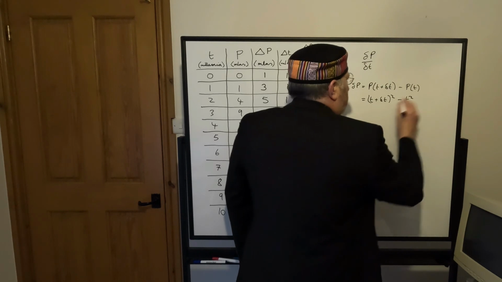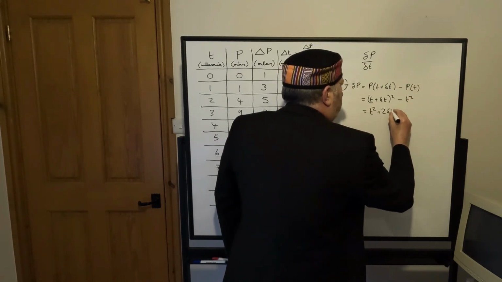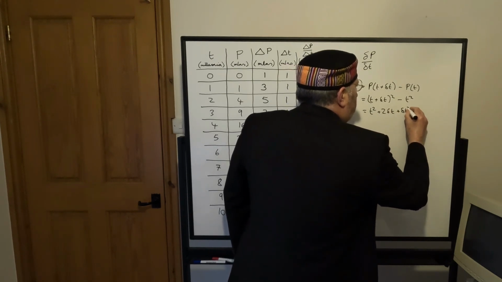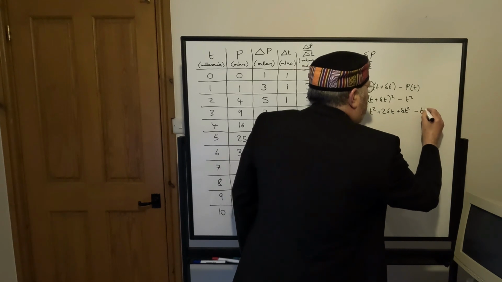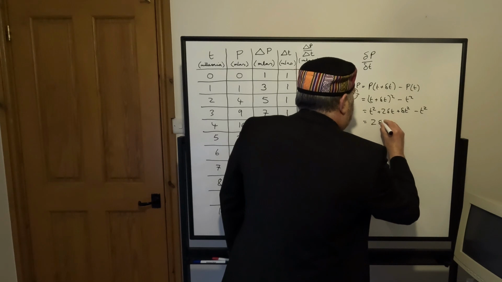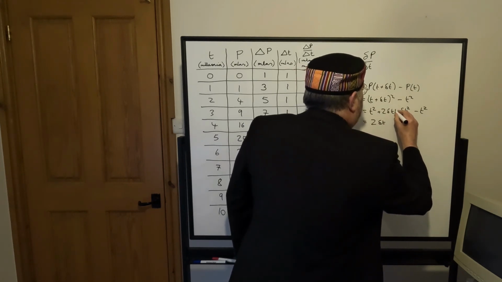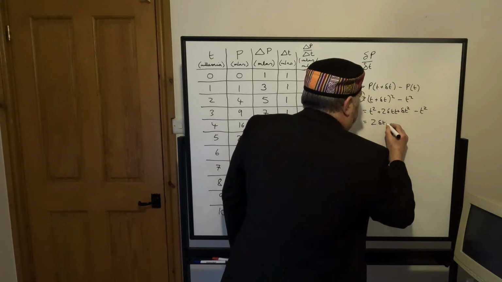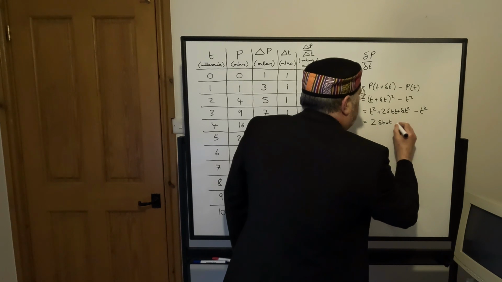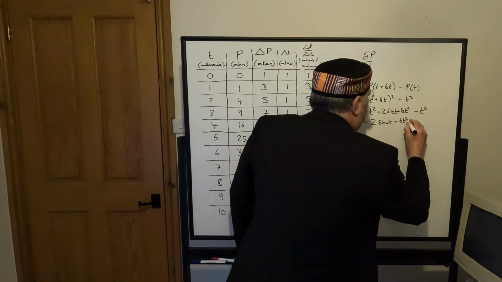It's t plus delta t squared minus t squared, which is t squared plus 2 delta t times t plus delta t squared minus t squared, so that's just 2 delta t times t plus delta t squared.